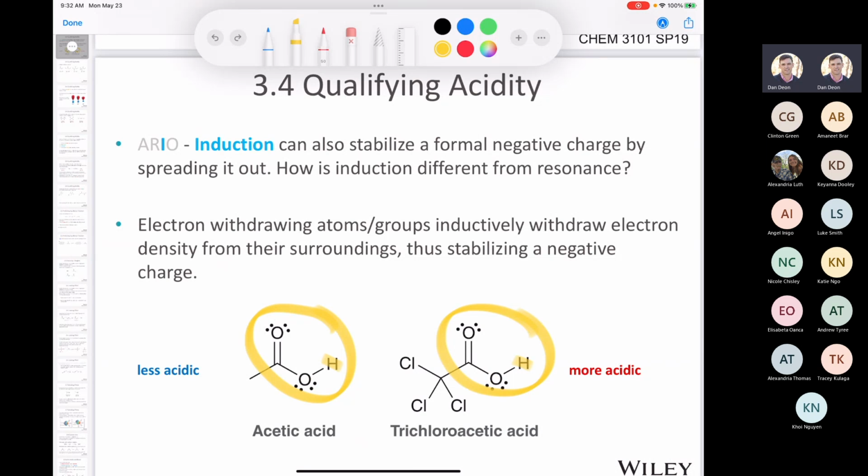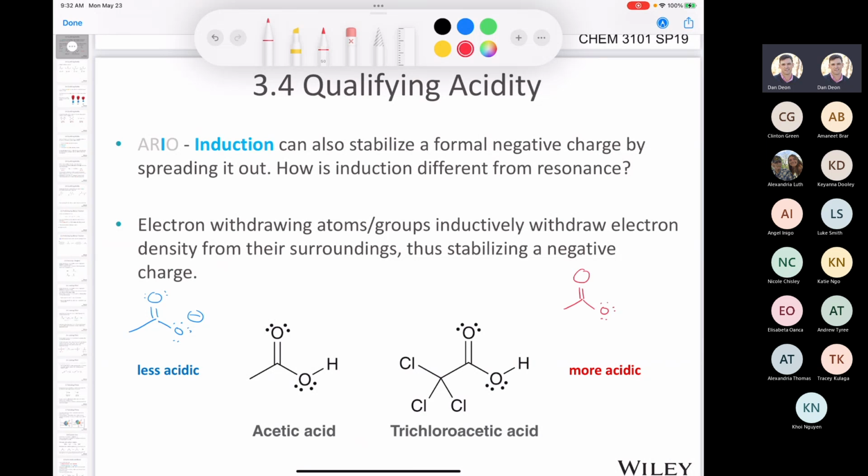Let's draw the conjugate bases of both of these acids. The conjugate base of acetic acid looks like this, where we have the negative charge here. And the conjugate base of trichloroacetic acid looks like this, where we have the negative charge over here, like this. So we have 1, 2, 3 chlorines.